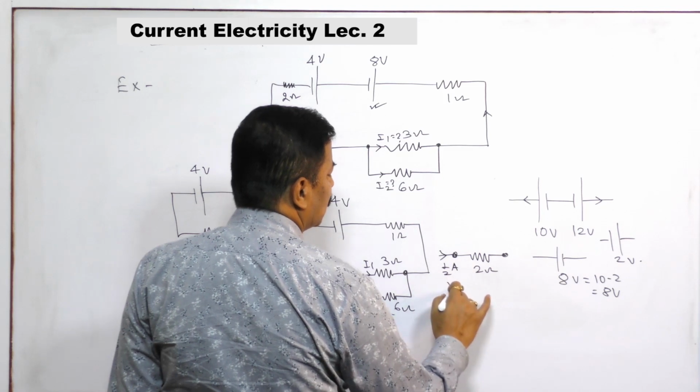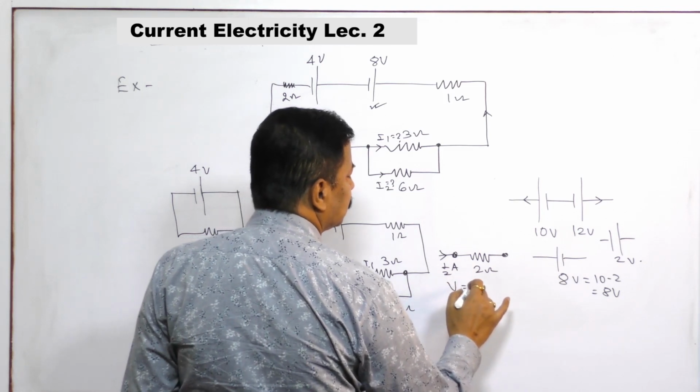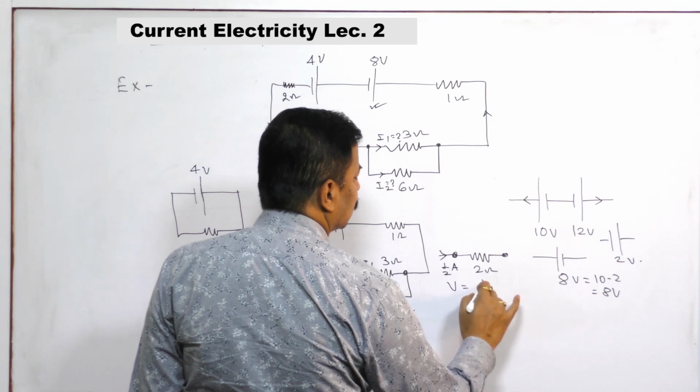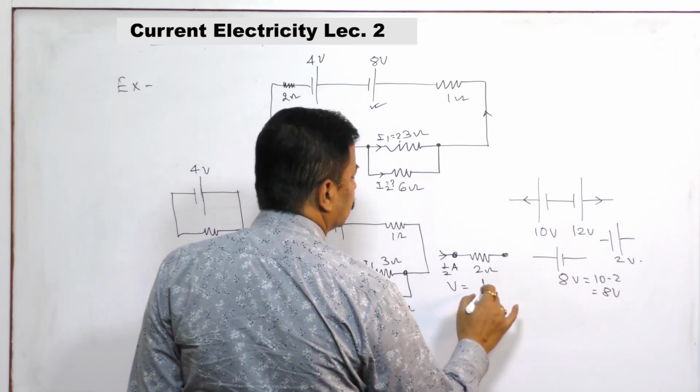So V is how much? V is equal to IR, which is 1 volt.